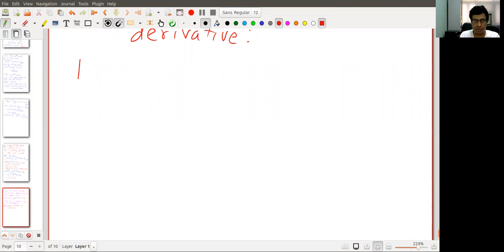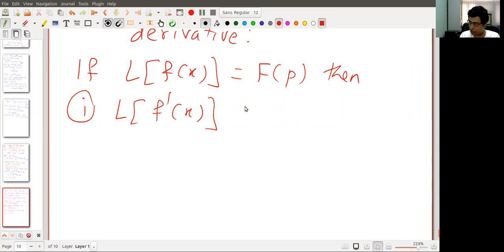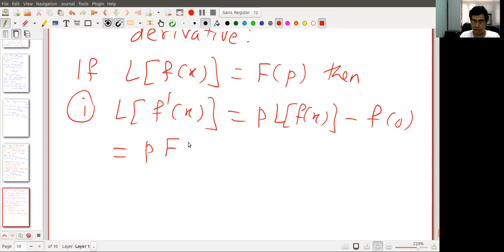Property: if Laplace transform of f of x is capital F of p, then first thing, L of f dash of x, that is derivative of f of x, equal to p into Laplace transform of f of x minus f of 0. That is nothing but p into capital F of p minus f of 0.